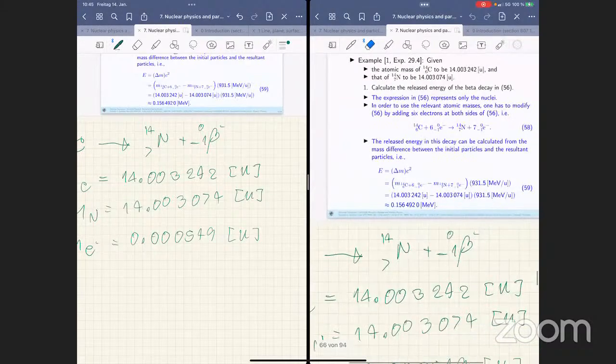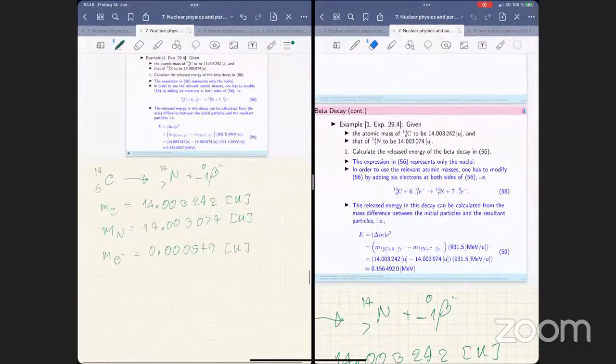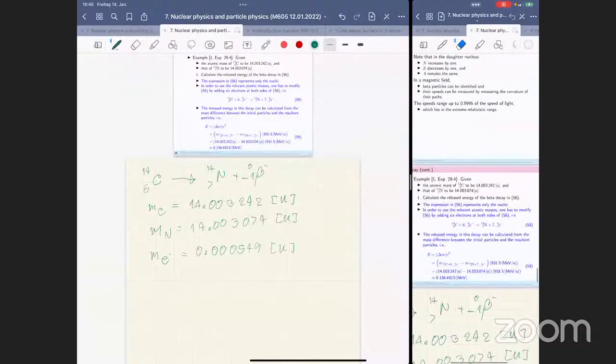And this is the theory to calculate the released energy of this beta-minus decay. So what is the released, liberated energy? We have to compute the released energy from this process.